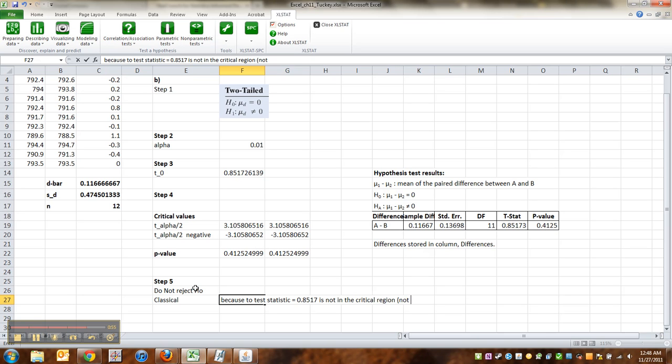In other words, it's not lower than negative 3.105 or higher than positive 3.105.